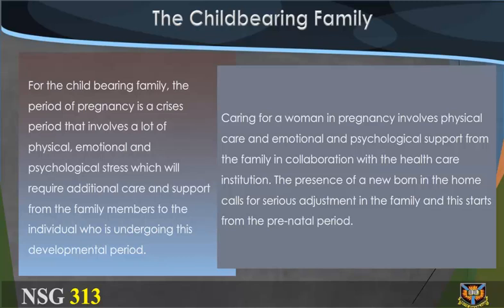Caring for a woman in pregnancy involves physical care and emotional and psychological support from the family in collaboration with the healthcare institution. The presence of a newborn in the home calls for serious adjustments in the family, and this starts from the prenatal period.